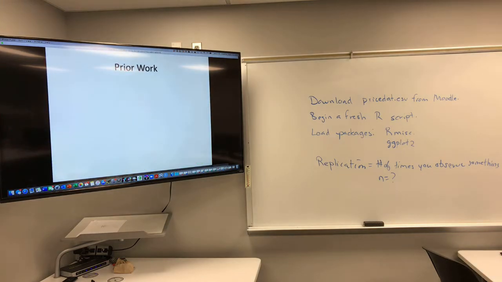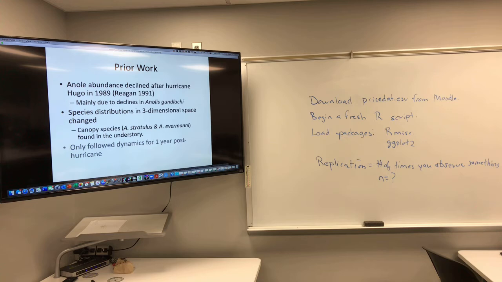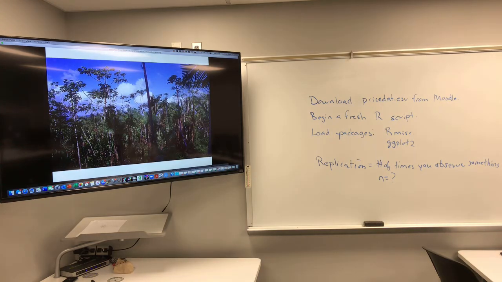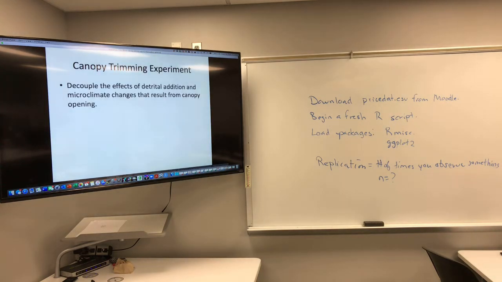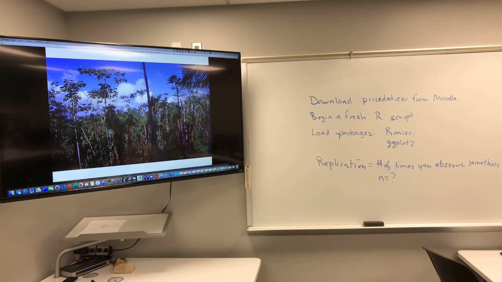Now, the problem with all of this is that as we study hurricanes, so this is a site that has been studying hurricanes since the early 1980s. As we study hurricanes, a hurricane hits the island, it destroys a bunch of trees, it changes the microclimate, it changes the nutritional value of the litter that's on the forest floor, and we watch these things alter in real time.